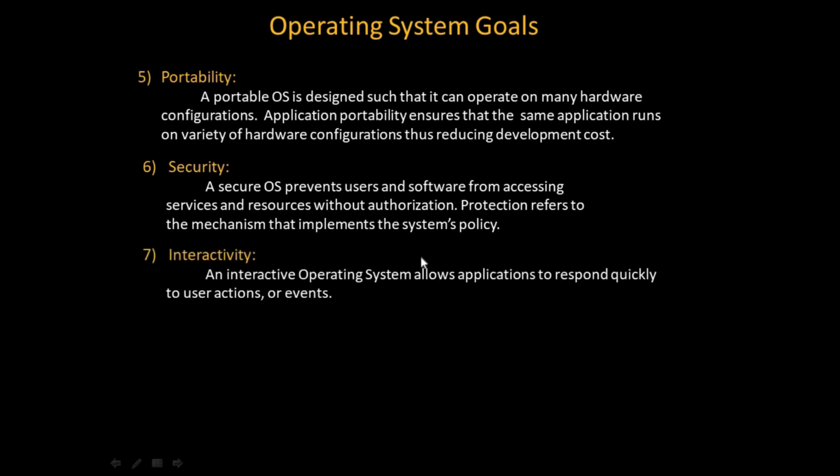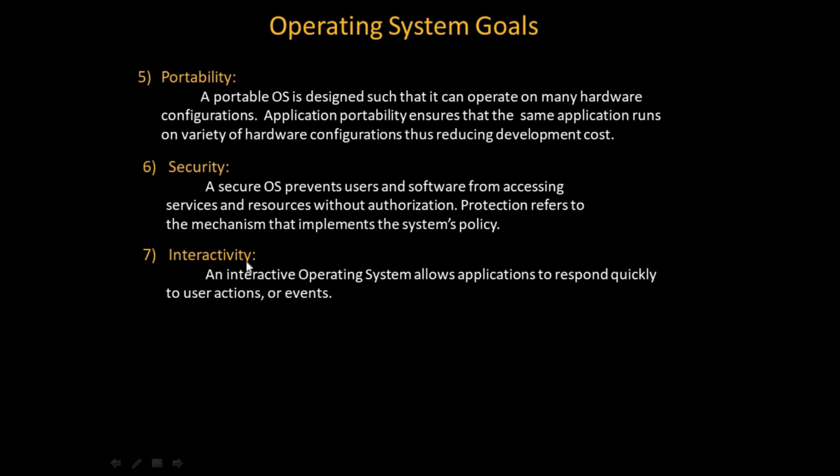The next is interactivity. An interactive operating system allows applications to respond quickly to user actions or events. Like if there is an error, the operating system should be able to tell you that there is an error, and also it should be able to respond quickly to user actions like clicking events.